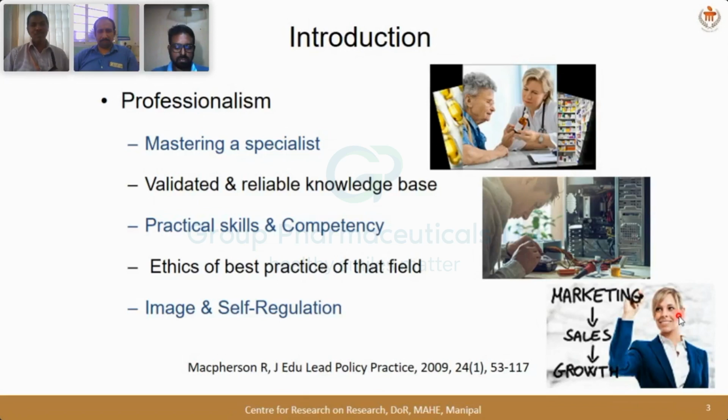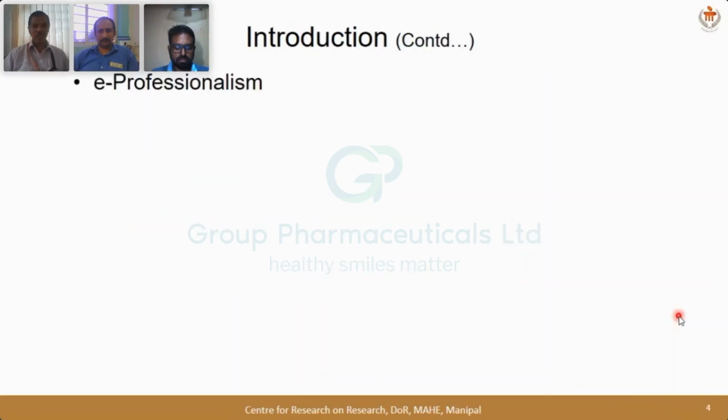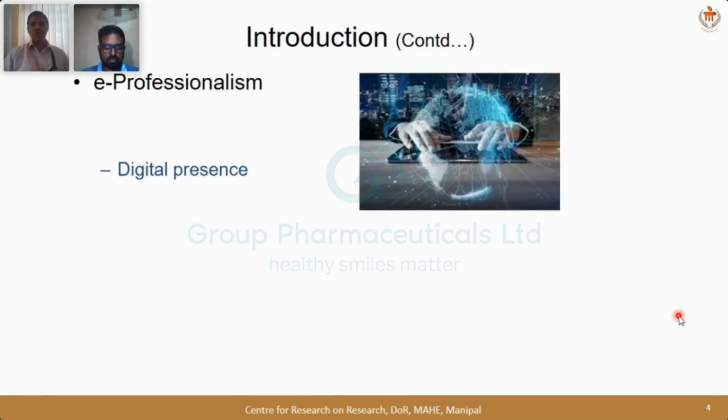Then what is e-professionalism? We metamorphosed from the olden days professionalism to the modern internet-based professionalism that we call e-professionalism. It is nothing but engaging ourselves on online platforms. That is nothing but digital presence.